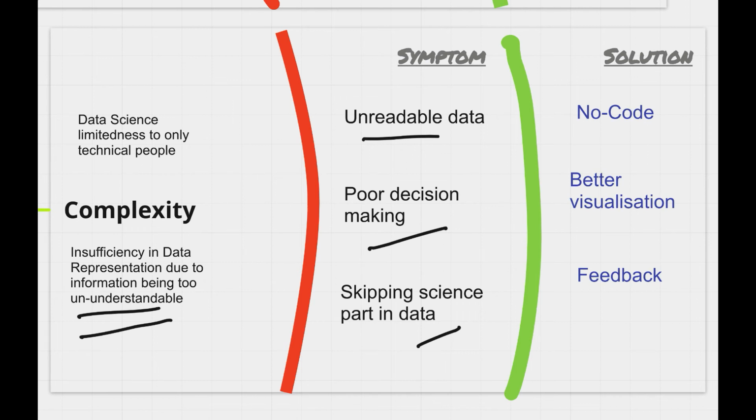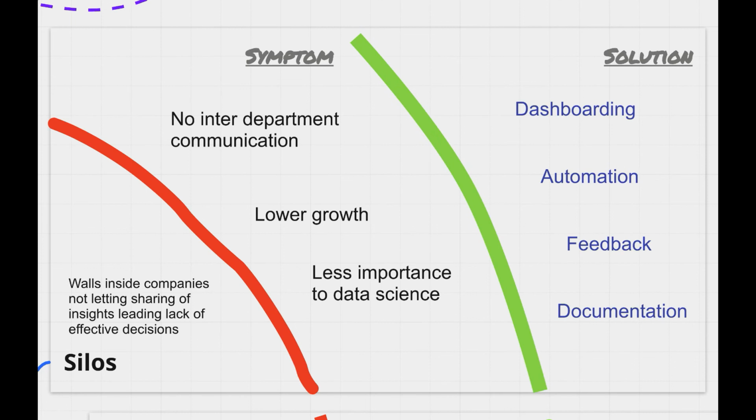So again, using no code, having better visualization, and having a good feedback system can solve these problems. The last but very important problem that people face is silos inside the company, where the actual decision makers are not able to see and interact with the data science team.